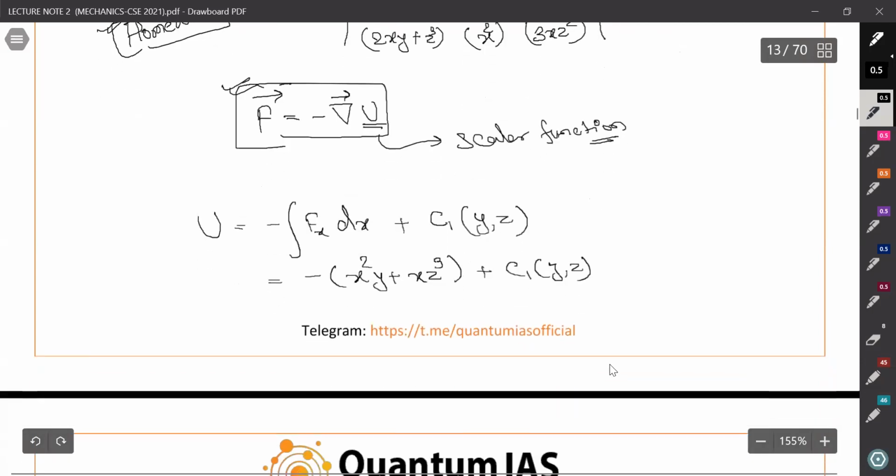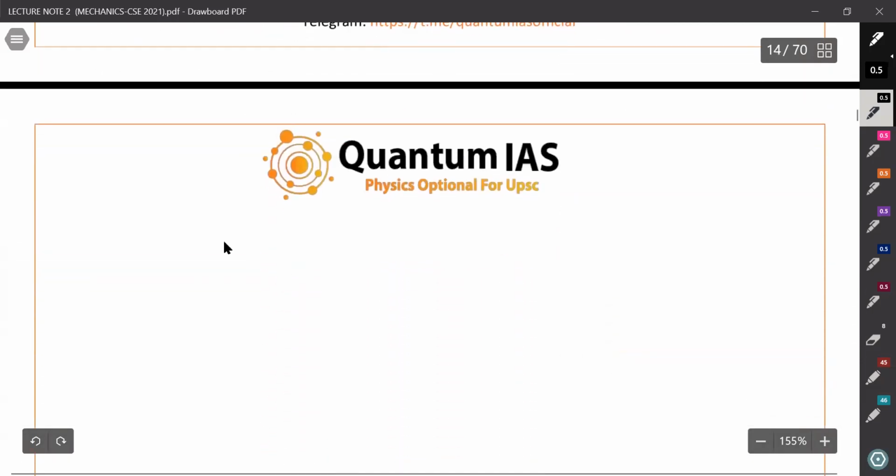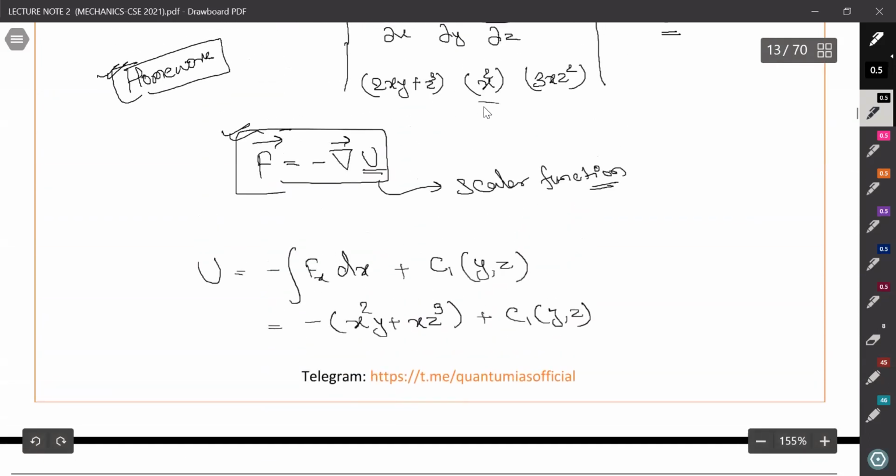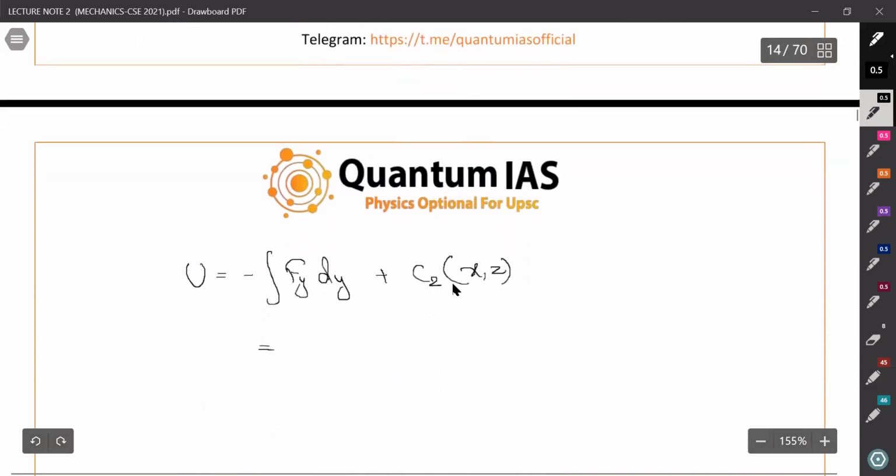Similarly, we will do this for y also. So if we do this for y, then we integrate f of y dy plus c2. Here we are considering y as variable, so x and z will be our constant here. So we need to integrate this with respect to y first. It will become minus x²y plus c2(x,z).